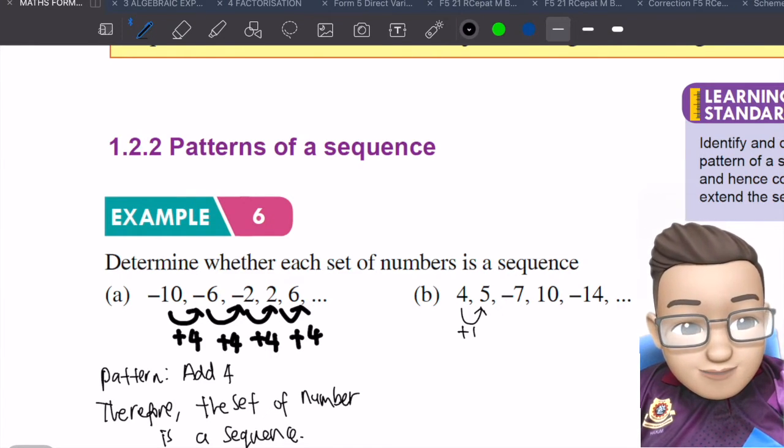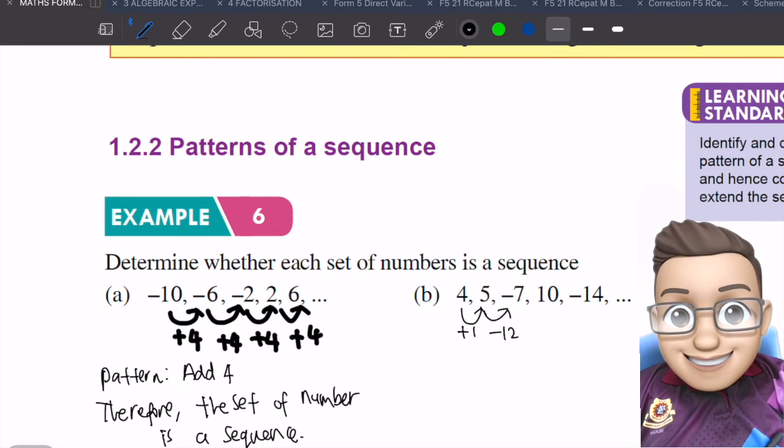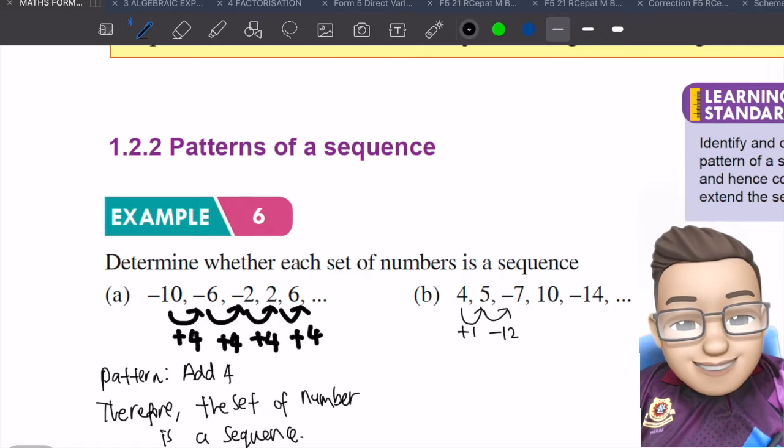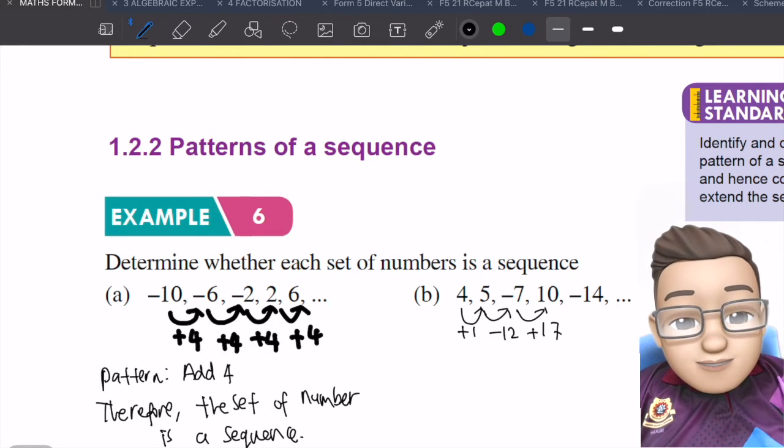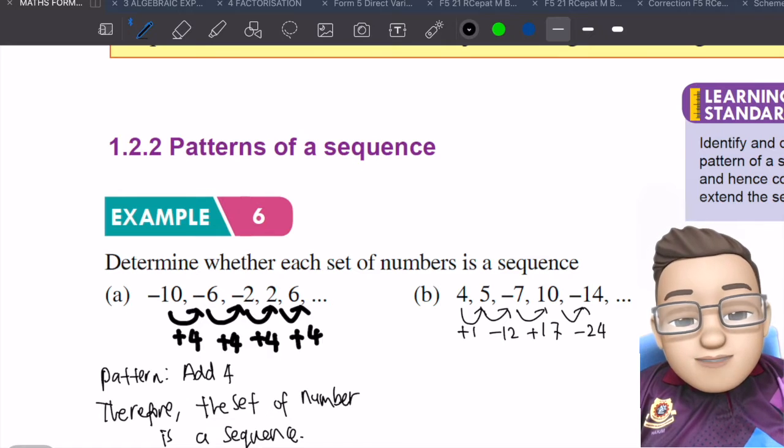You need to minus 12. Next, negative 7 becomes 10, so you must add 17. Then 10 becomes negative 14, so you need to minus 24.